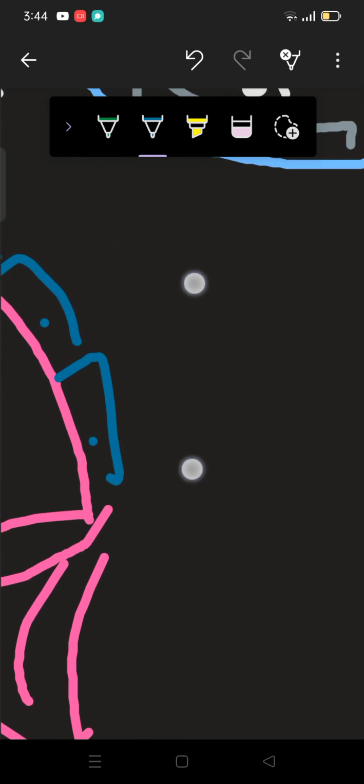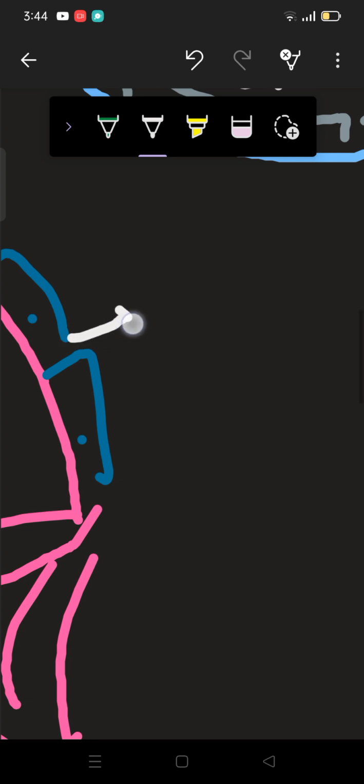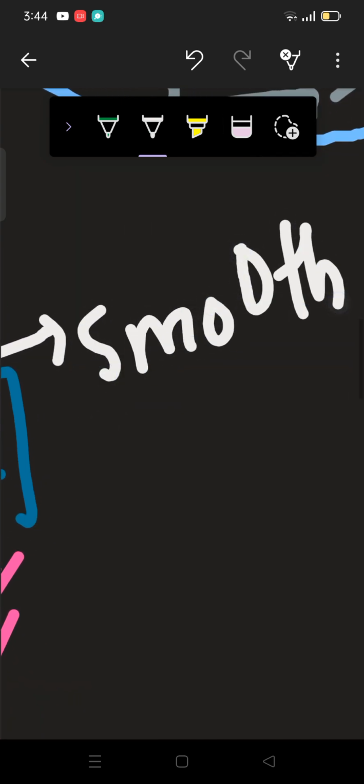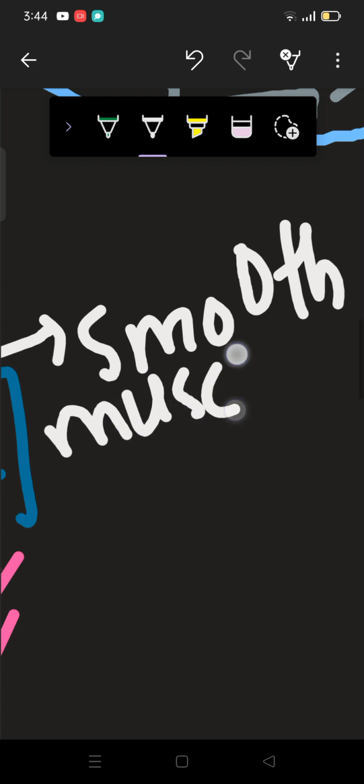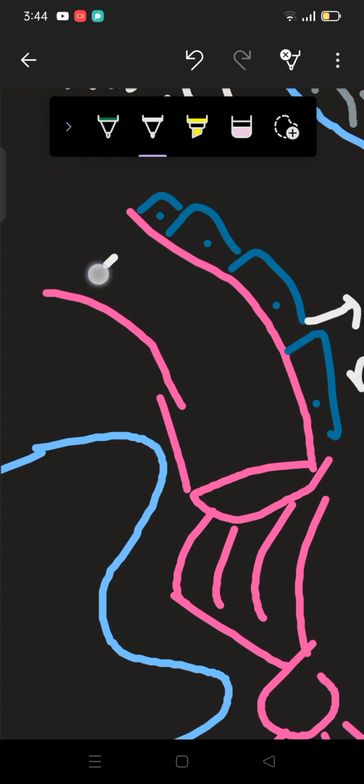These are smooth muscles, and these are the cells of afferent arteriole.